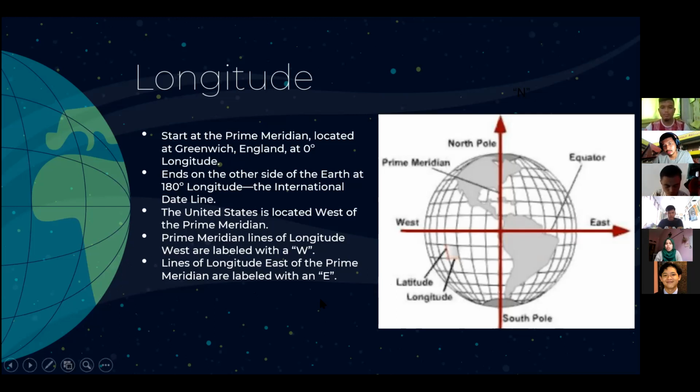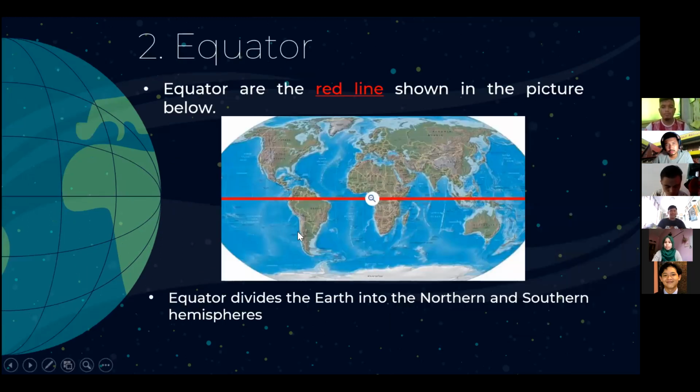Moving on to the next part, I will pass to Amirul. Hello, my name is Amirul. I'm going to talk about the equator. The equator is an imaginary line around the middle of a planet or other celestial body. It is halfway between the North Pole and South Pole at 0 degree latitude. The equator is the red line shown in this picture below.